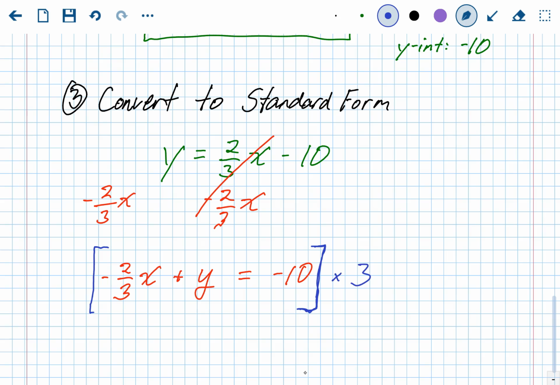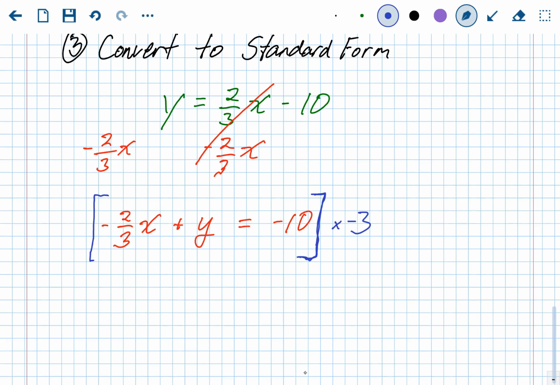So we're going to multiply each of these terms by -3. If we multiply -2/3 times -3, it's going to give you +2, so 2x. If we multiply y by -3, it's going to give us -3y. And finally, if we multiply -10 by -3, we're going to get +30.